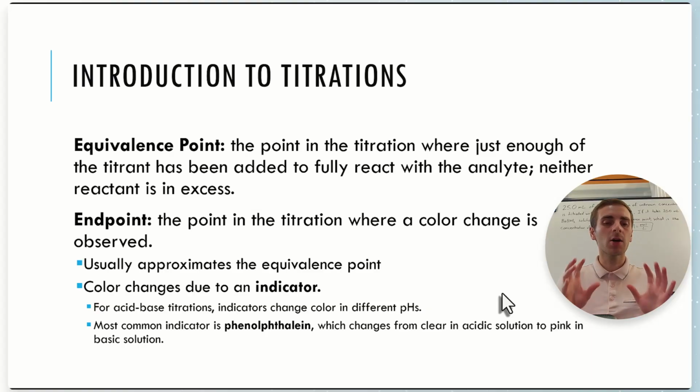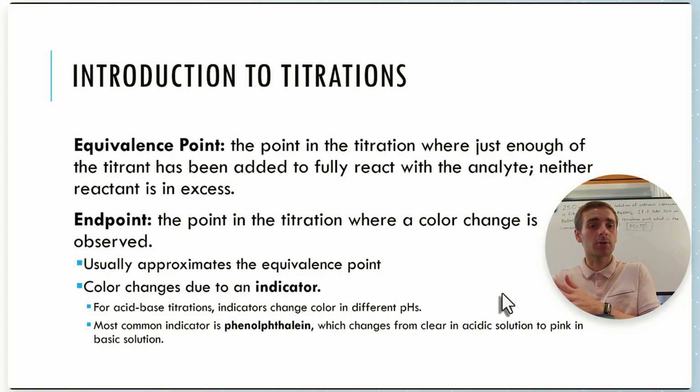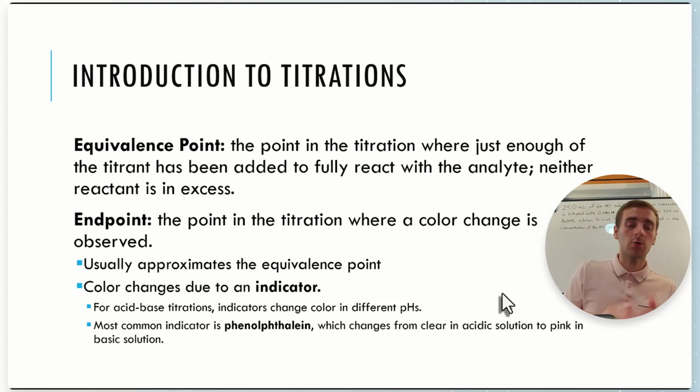We pick our indicator, which is oftentimes for these acid-base reactions phenolphthalein, although there are some other ones depending on the specific acid and base that are used, but this is the most common one. You pick your indicator so that it will change colors as close to the equivalence point as possible.